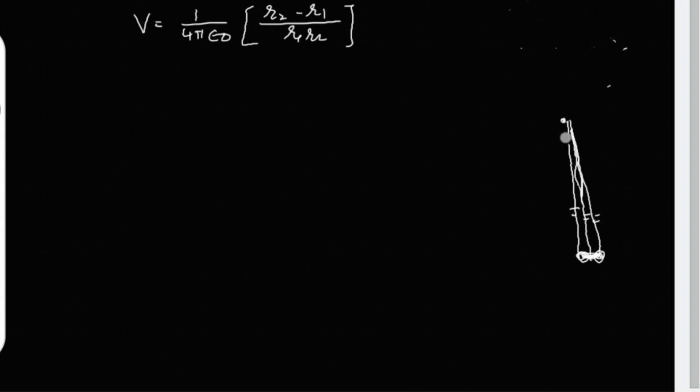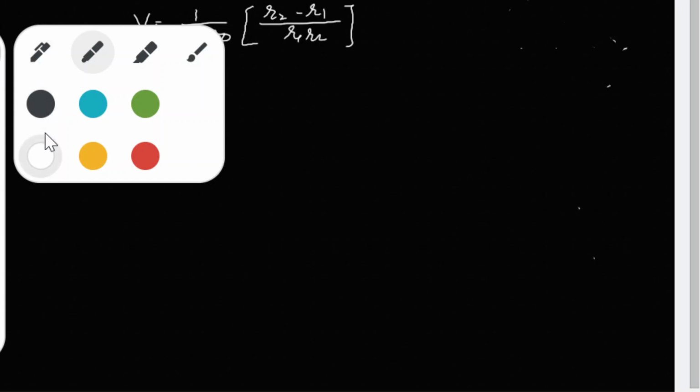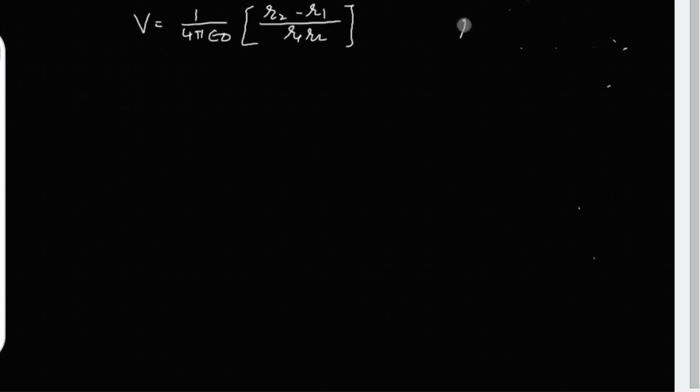Okay, so what I told just now, R1 and R2 are approximately equal when the length L or dipole is very small as compared to R. Then we can say here R1 is equal to R2 and that is equal to R.